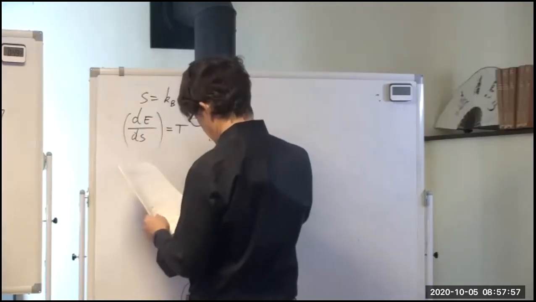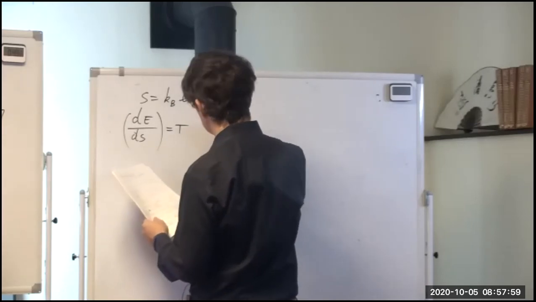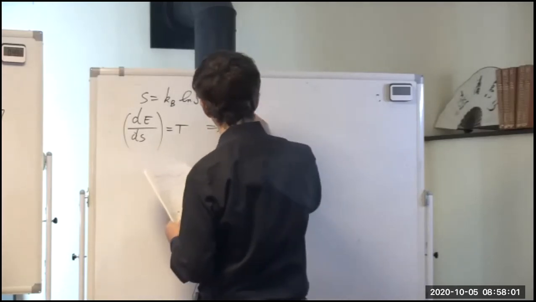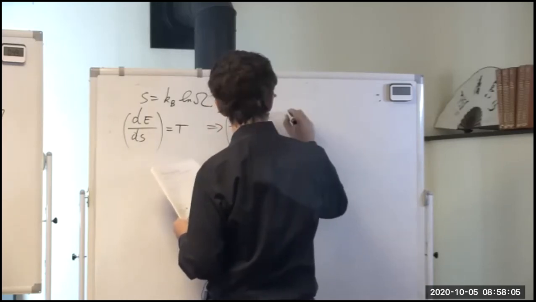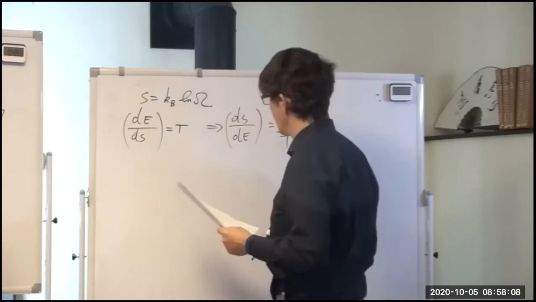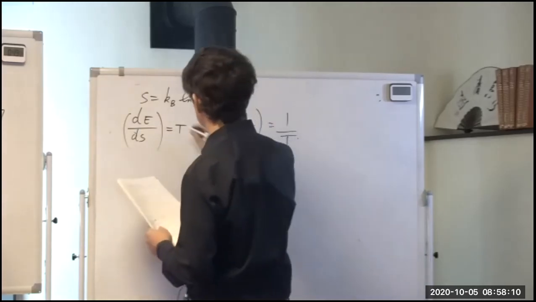So what that means is I'm going to invert this, right? So that means that dS/dE is 1 over T.